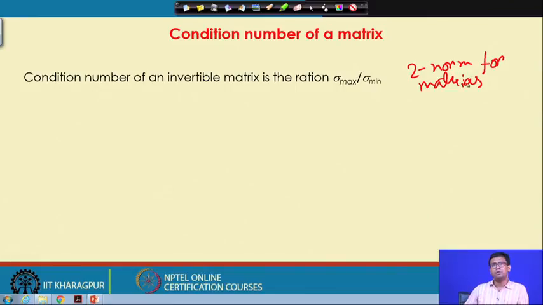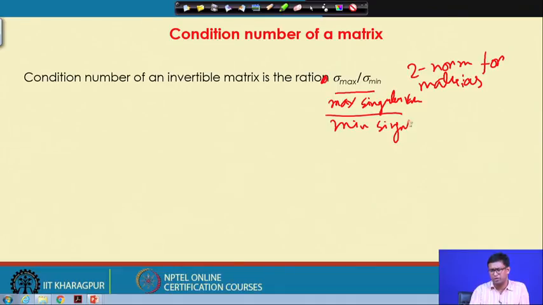It can be shown that for an invertible matrix, the condition number is the same as the ratio sigma max by sigma min, or the ratio of the maximum singular value by the minimum singular value.